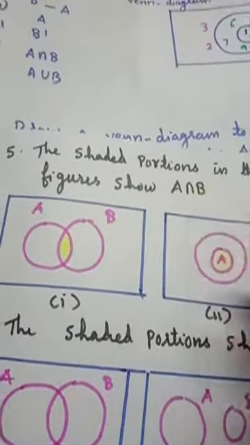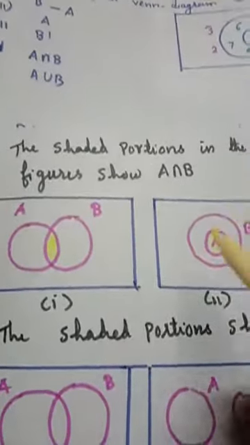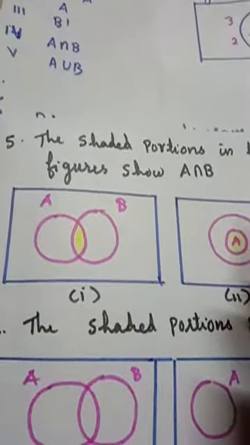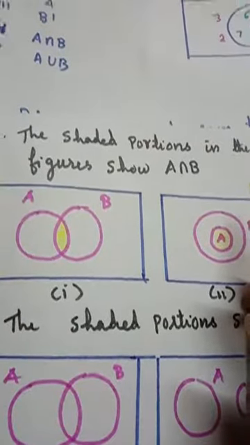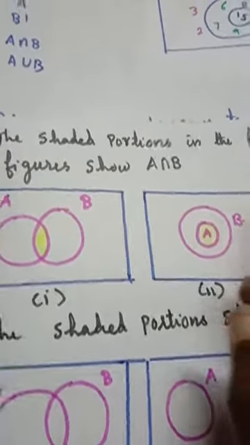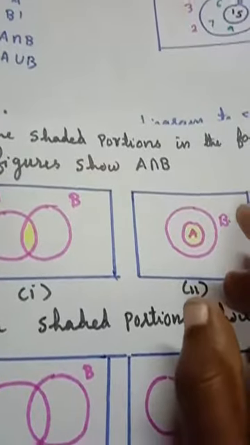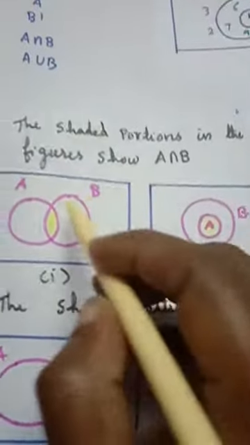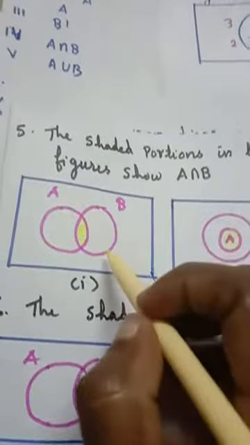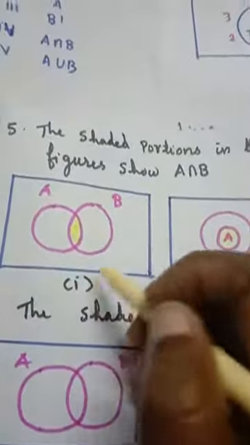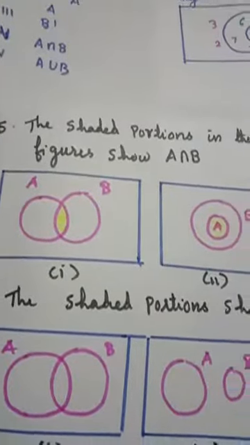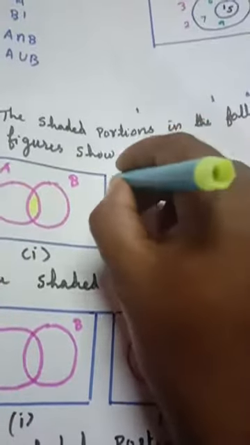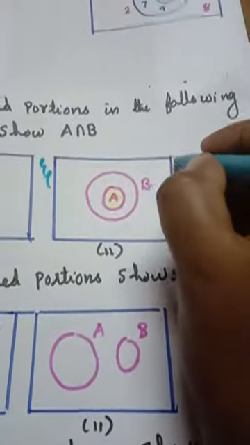Next, the shaded portion in the following figure shows A intersection B. Then how to mark A intersection B? What do you mean by intersection? Intersection means common. Both for A and B, the common element. So, first one is the overlapping set.